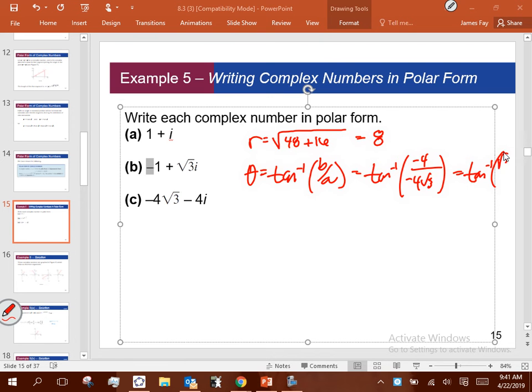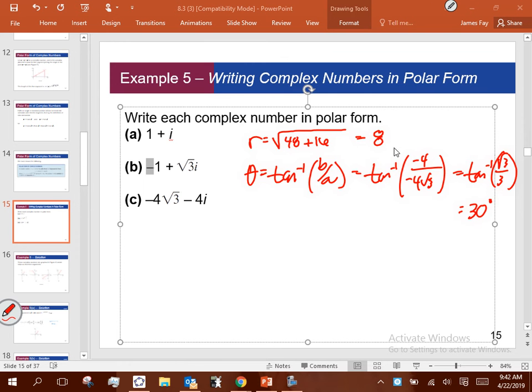And if I rationalize that, it's root 3 over 3. And a lot of times, especially when we're starting off with these processes for the first time, they're going to give you values of a and b that work out to be really nice. And when I go tangent inverse, I get things like 1 or root 3 or root 3 over 3, because root 3 over 3 attaches itself to what angle? 30 degrees.